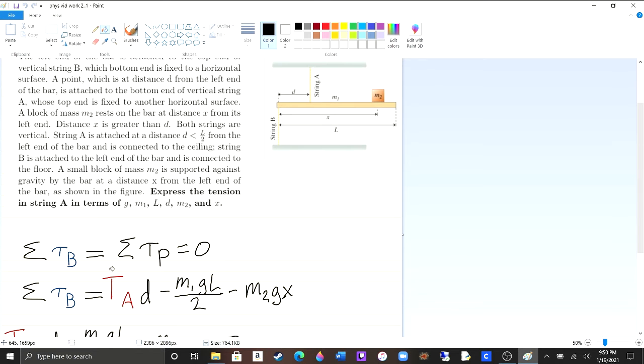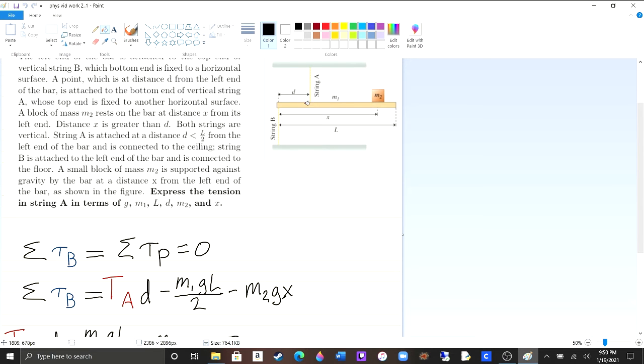To find the torque here, we figure out all of the places where there is force applying torque to this point right here. So we have our tension in string A times the distance d, which adds torque, and then we subtract m1 times gravity, because gravity is pulling this whole bar down all across the length, so we also multiply it by L, and we divide it by 2.